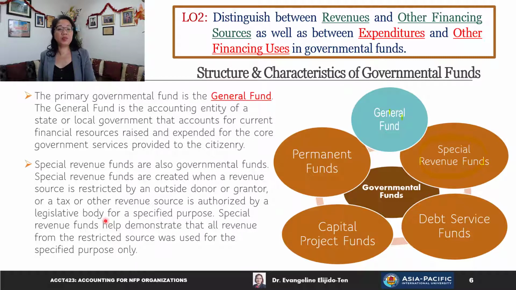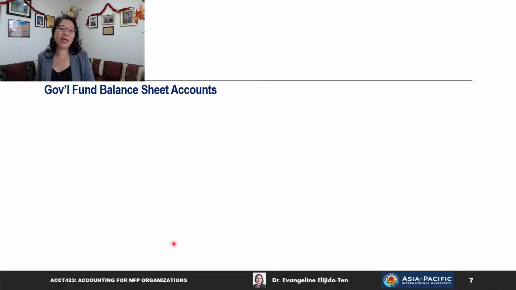So special revenue funds help demonstrate that all revenue from the restricted source was used for that specific purpose only. So if the special revenue fund is for library creation or library maintenance, then it has to be used for that specific purpose only.